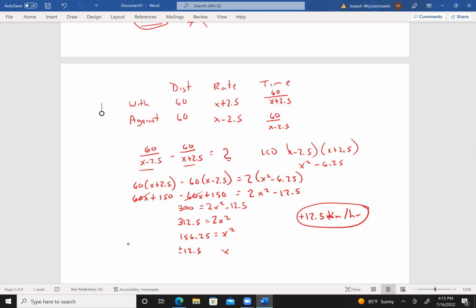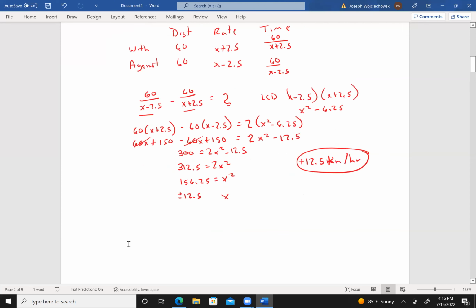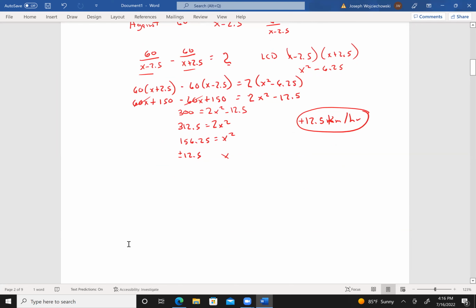Okay, so real quickly, we'll talk a little bit about absolute value. k is a positive real. Absolute value of u equals k is the same as u equals k or u equals negative k.